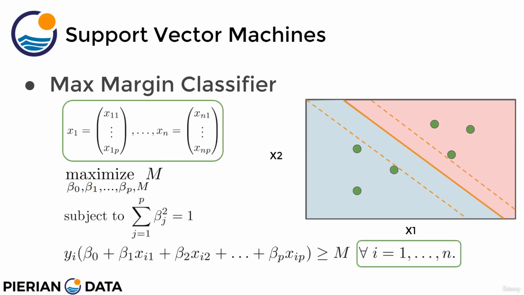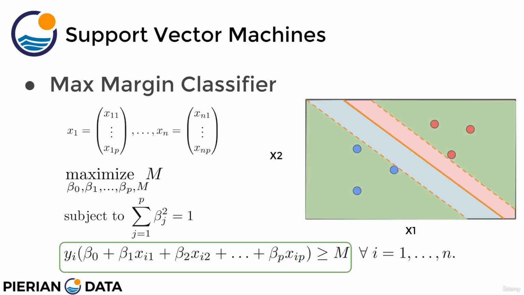Well, all this means is that what we're trying to do is consider the data points here. In this case, we have 6 data points, or 1 through n. And what we want to do is make sure that we fulfill this subject requirement, where essentially the data points are either going to be equal to or greater than the margin, depending on what side of the margin they actually fall on. This essentially is just a mathematical way of saying that for a max margin classifier, no data points can actually be within the margin.